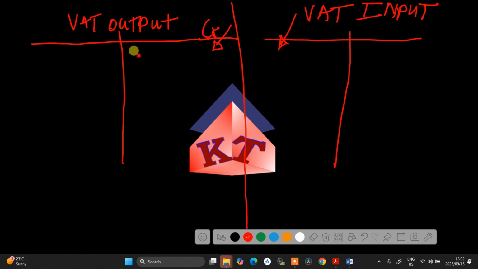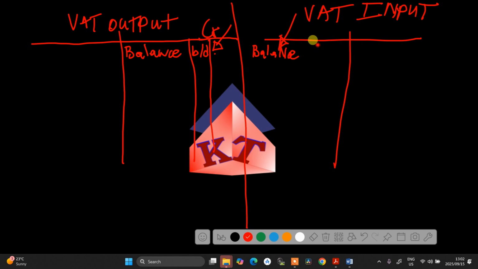So in terms of your assignment, the starting point will be for you to write balance, okay? And in terms of the name of the subsidiary, this one will have balance brought down, okay? And then you'll write the amount here. In terms of your VAT Input Account, you are going to write balance, okay?